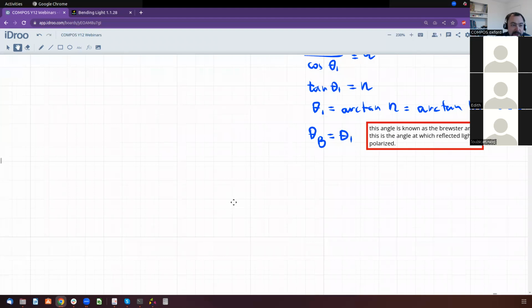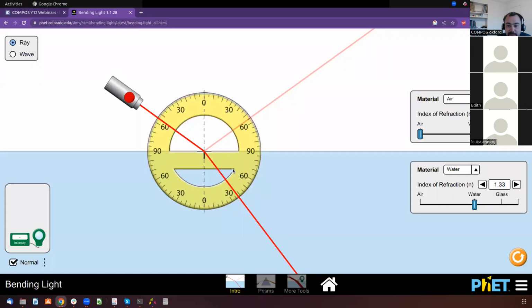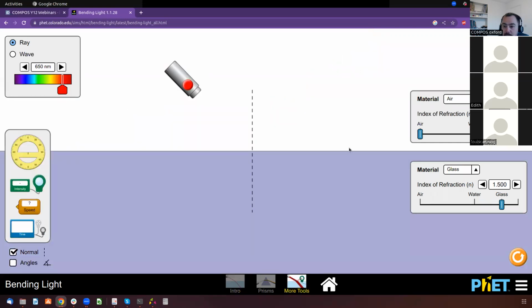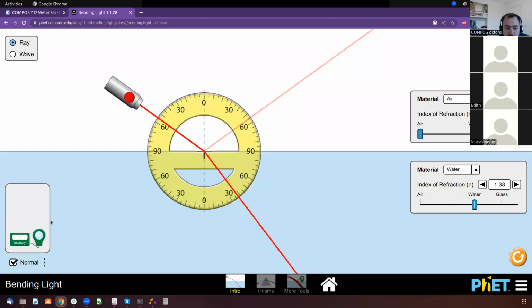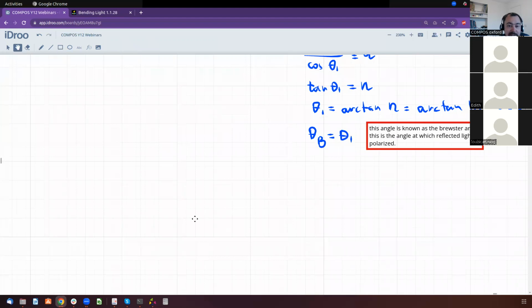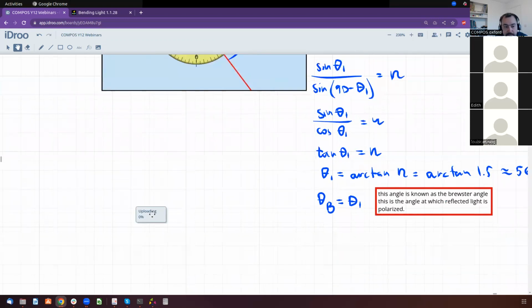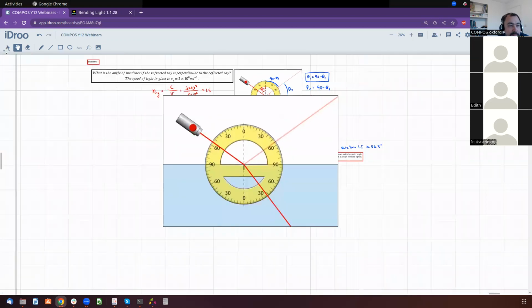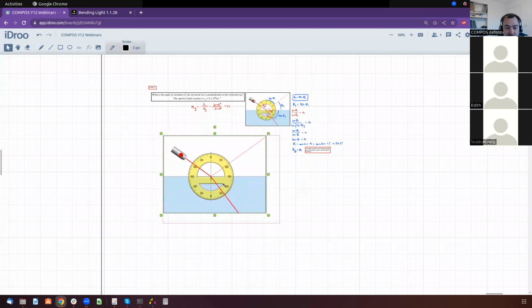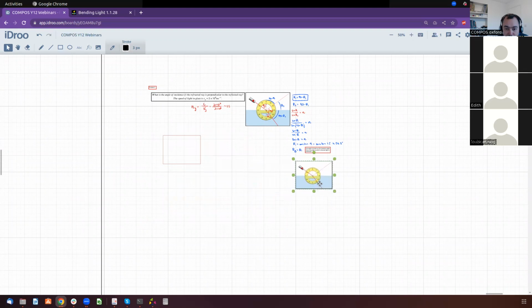If you have a non-transparent material, you don't have the refracted ray, you can't measure it. So this disappears, but you can measure the angle of polarization.